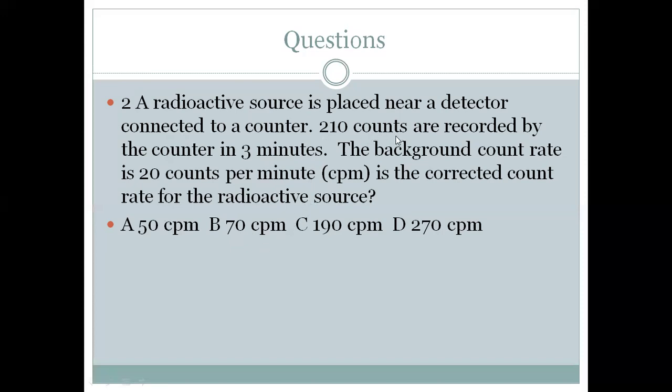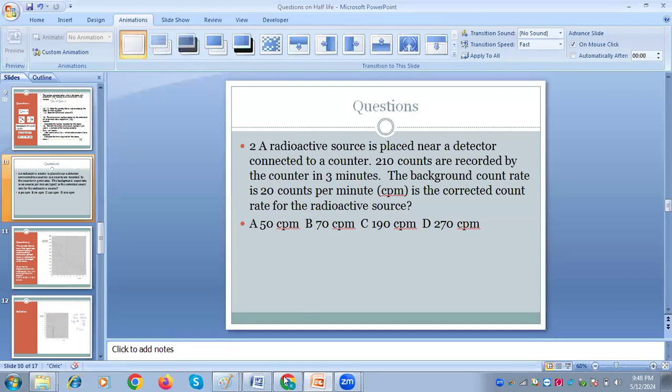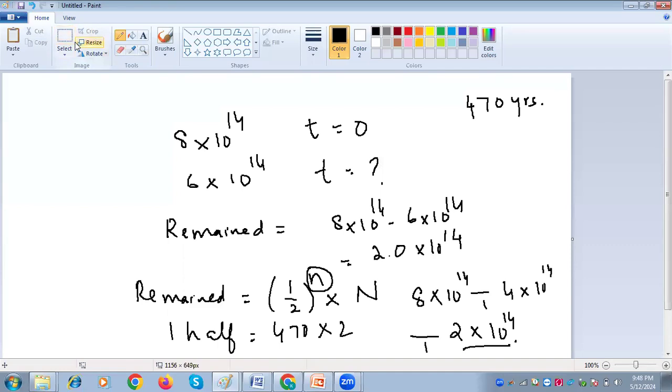So 200 counts are recorded in 3 minutes. And what is the background count? 20 counts per minute. So here the total count is 200 counts in 3 minutes. What are the total counts in 1 minute? Because the background counts unit is counts per minute, first we will find the count rate per minute.